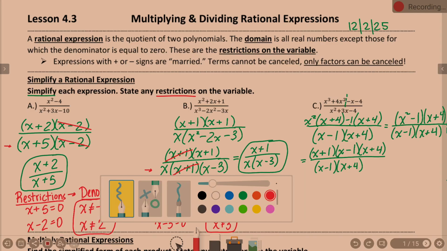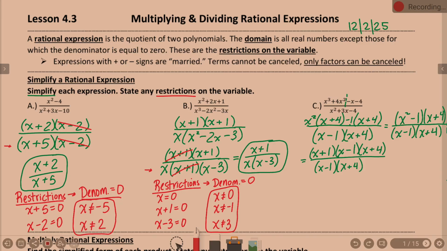Now, okay, do we have some canceling that happens? Okay, we've got all factoring done now. An x plus 4 on top cancels with an x plus 4 on bottom. An x minus 1 on bottom cancels with an x minus 1 on top. What remains? X plus 1 on top. What remains on bottom? Nothing other than technically a 1, yes?